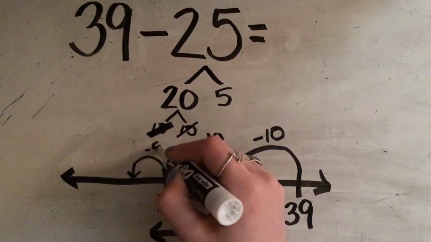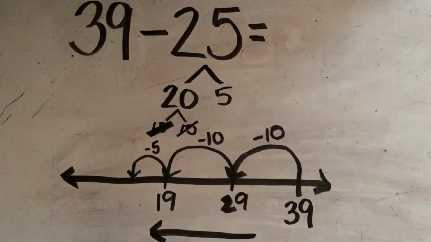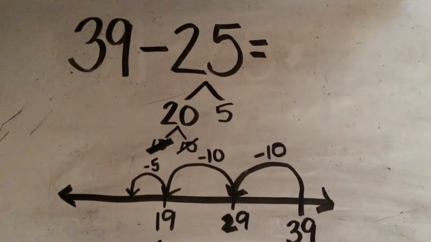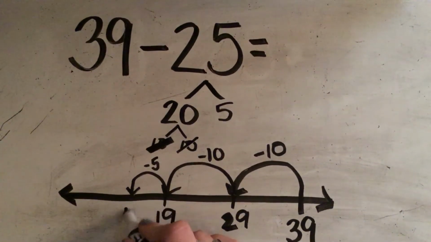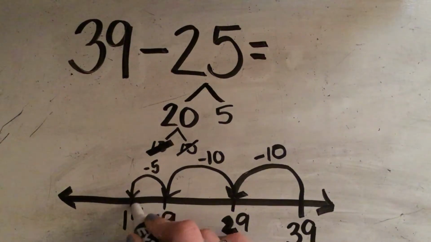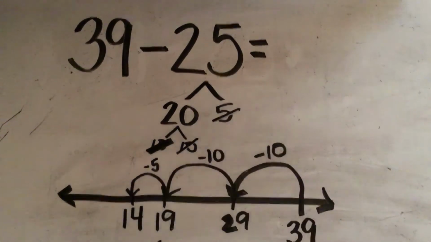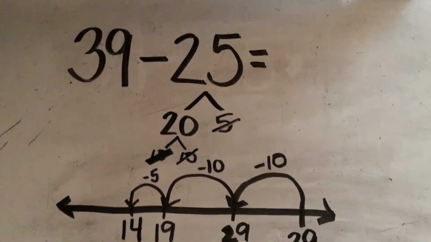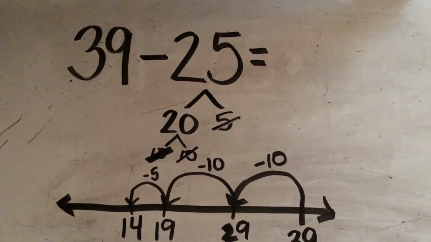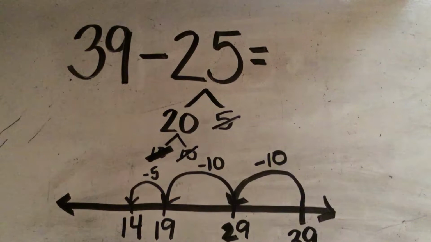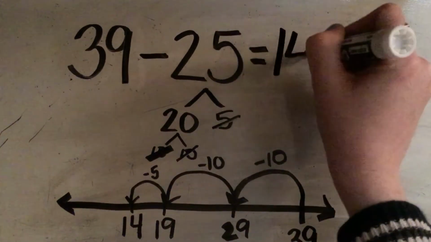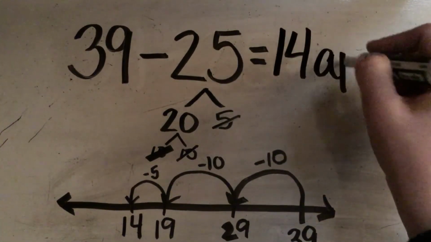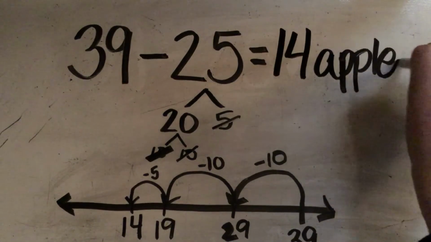And my 5 jump is a little bit smaller because it's a smaller number than 10. So looking at that, 19 minus 5 equals 14. I'm going to cross off my 5 so that I know that I used it. And looking here, I've used all of my 25. So I know that the difference of 39 and 25 is 14. So Mom has 14 apples left.